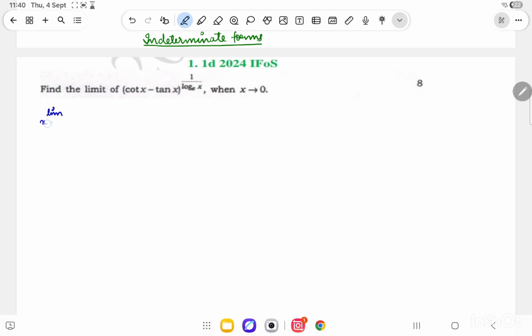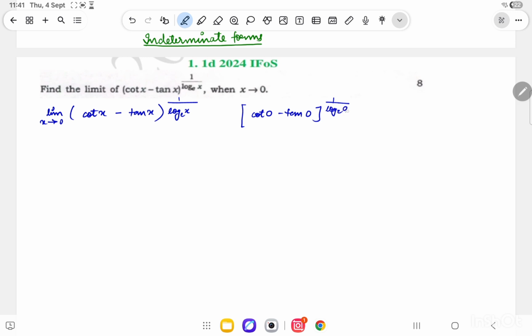We are supposed to find the limit as x approaches 0 of (cot x minus tan x) raised to 1 upon log x, and its base is e. If I just put the value of x here, I'll get (cot 0 minus tan 0) raised to 1 upon log 0.